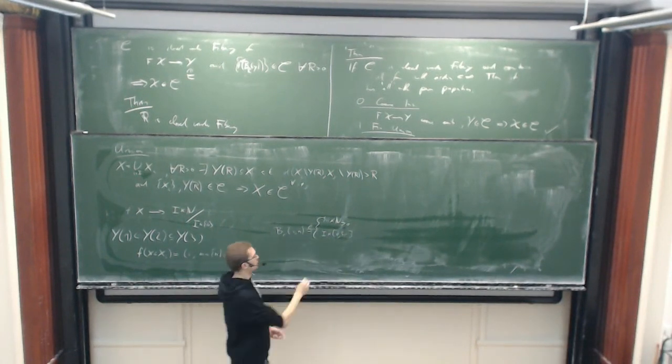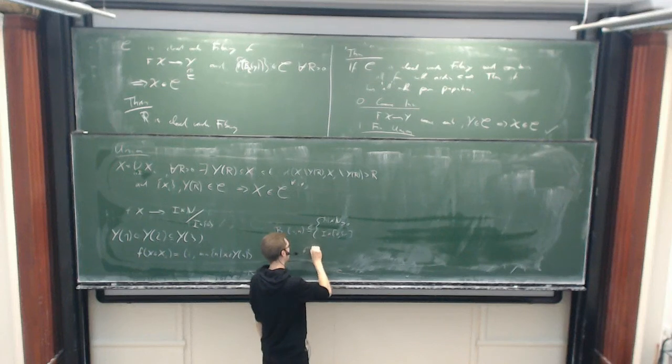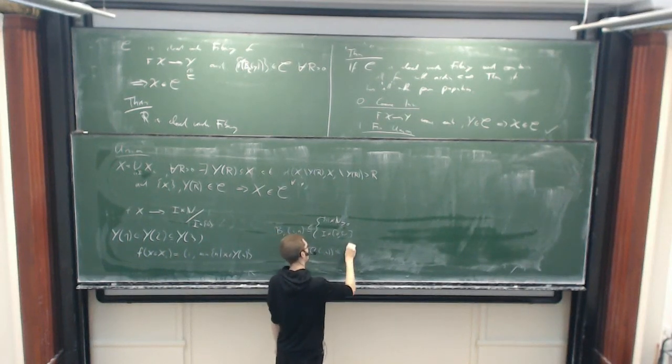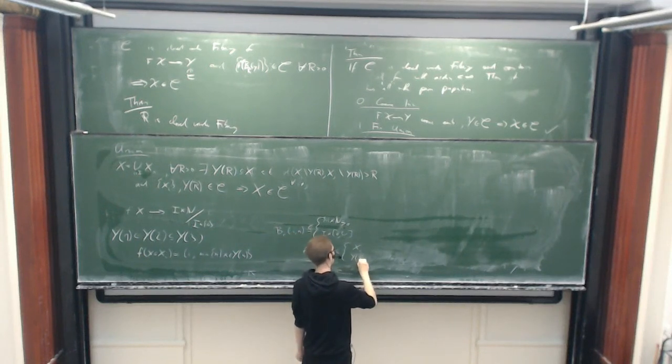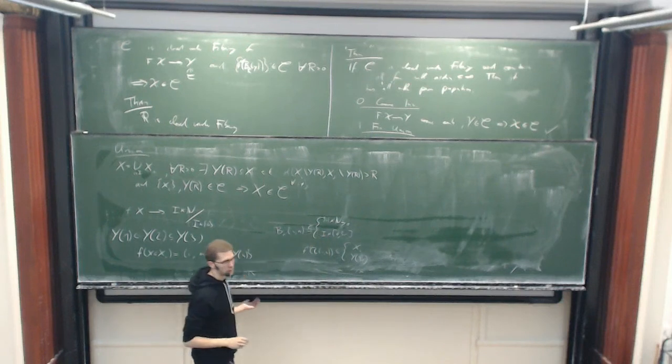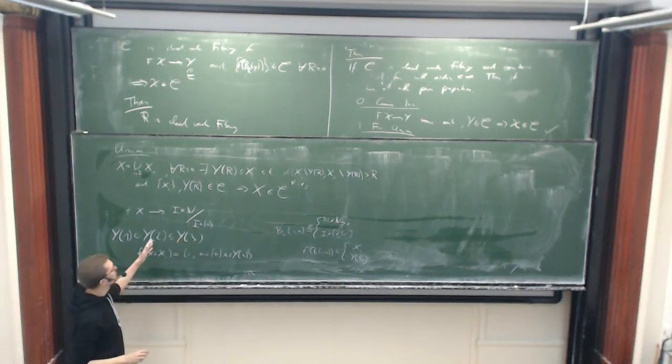So the pre-image is either contained in xi or in y3r. And both were in C. So again, from fibering we get this property.